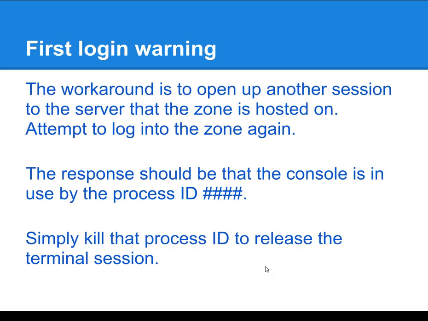To get around this, all you have to do is open up a new SSH session with the host operating system, and try to log in again to that same non-global zone. It's going to tell you that the console is being used by this process ID. All you have to do is kill that process ID and then get back in.